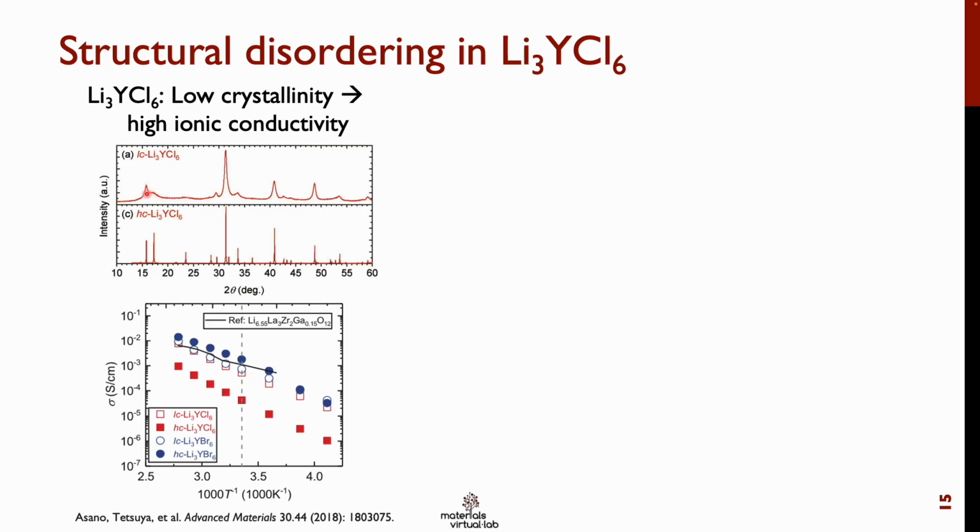You can see that there's peak broadening in the XRD results. And by this ball milling, they actually obtained a high ionic activity, around 1 order of magnitude higher than the highly crystalline LYC. So we are interested to study this amorphization effect on the ionic activity for LYC material.